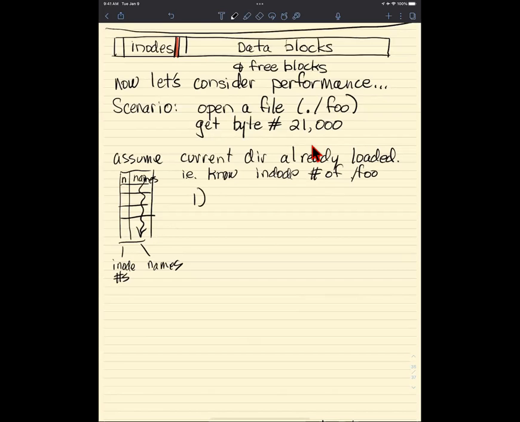Okay. All right. So now we're starting to count IOs. So IO number 1 is you've got to do a seek to somewhere in here in the inode array. And the purpose of that seek is to load the inode of foo. Okay.